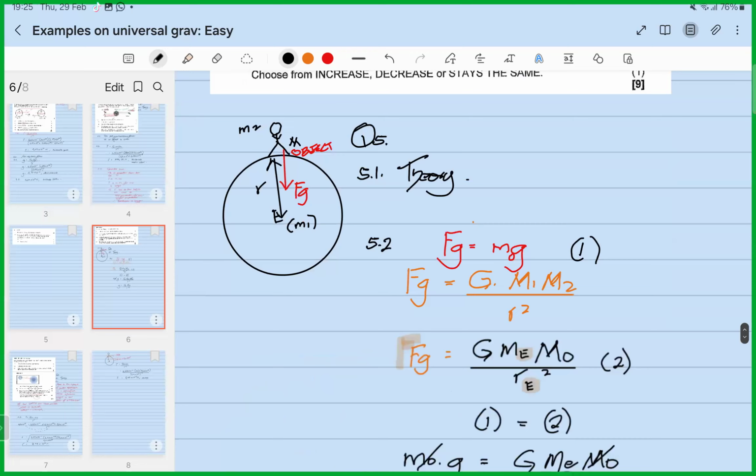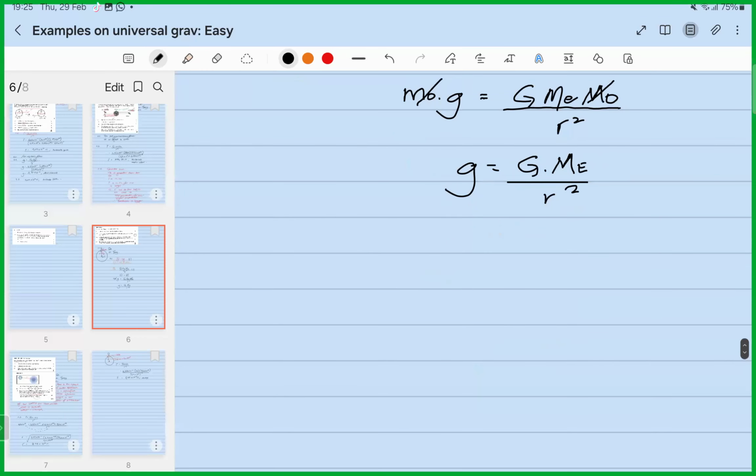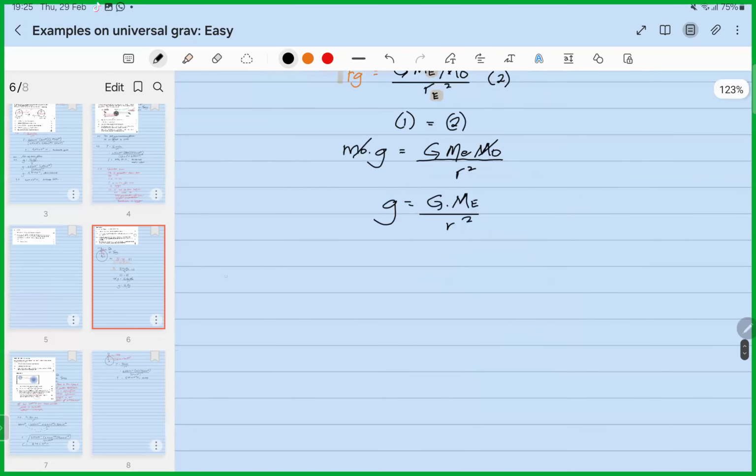So 6.3 is now asking us to calculate the acceleration due to gravity on a new planet, which has a mass 4 times that of Earth and the radius exactly the same as Earth.